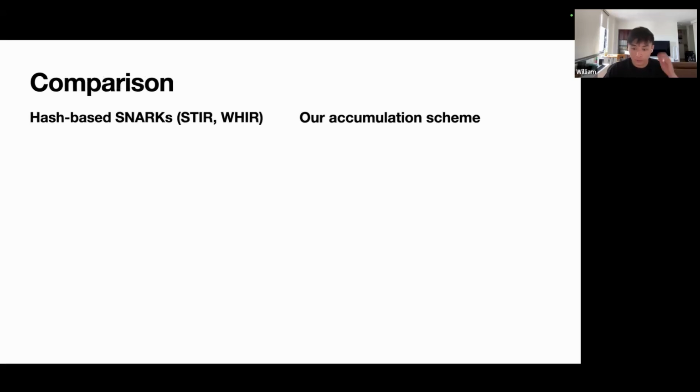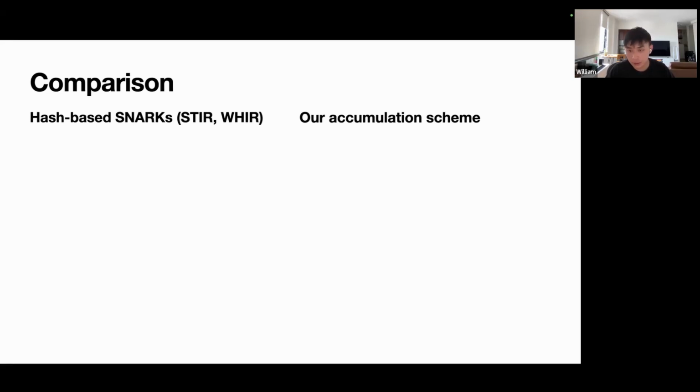Okay, so finally, I just want to give a very high-level comparison between our hash-based accumulation scheme and the prior best-known approach to constructing full-fledged unbounded hash-based accumulation, which would be to just use a SNARK, the baseline solution.